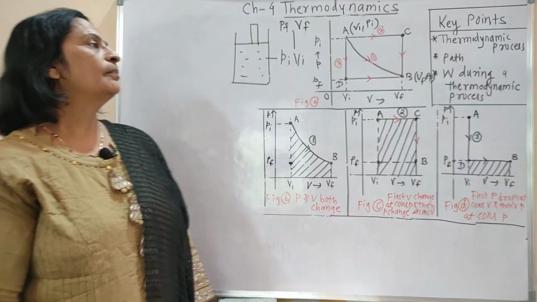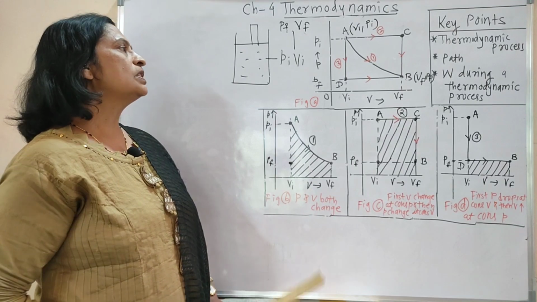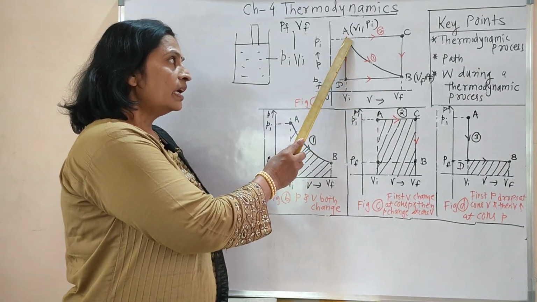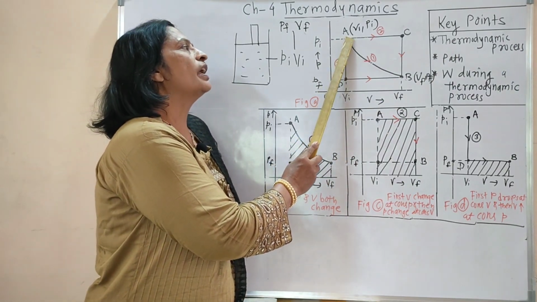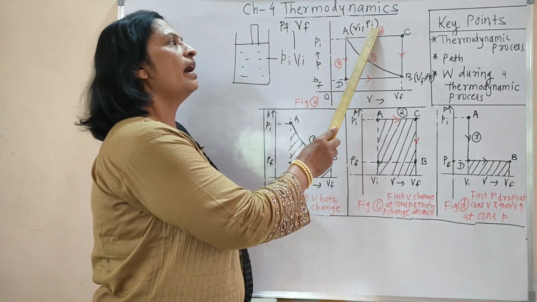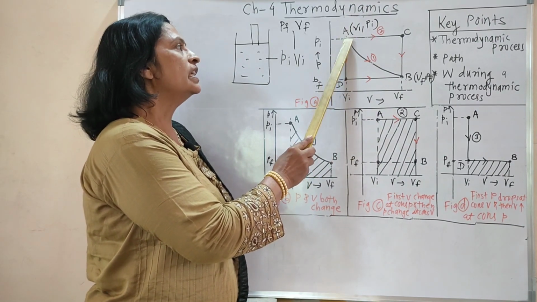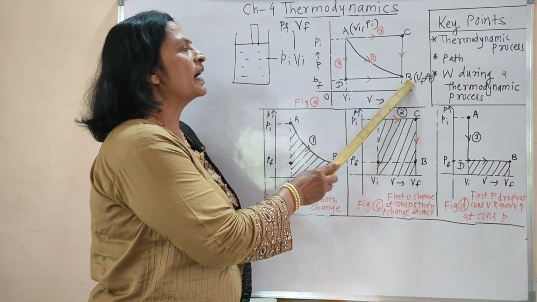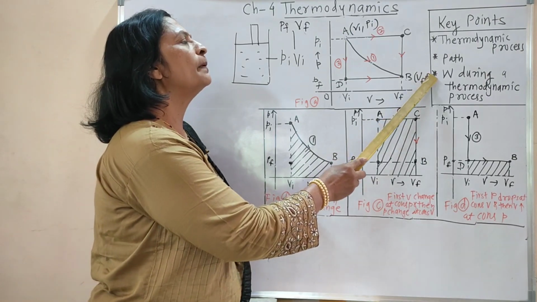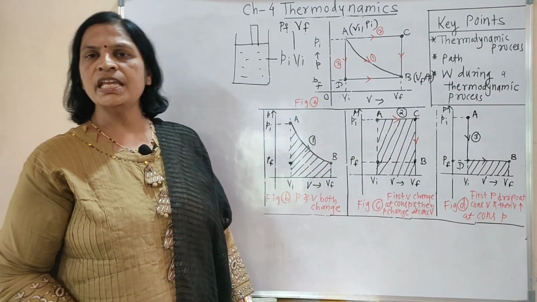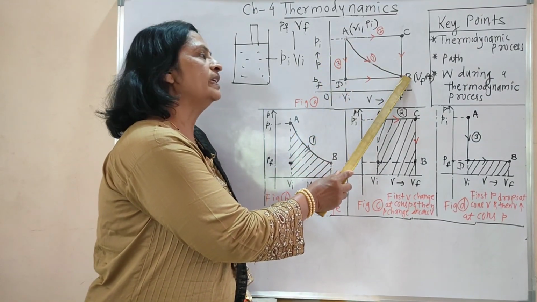Understood? Then we have to study about the path. What is the path? Suppose consider a point A. In that PV diagram, point A has coordinates Vi, Pi, means this is the initial state, and we have to change the system to the final state, means the final state is at point B. Coordinates of point B are Vf, Pf.